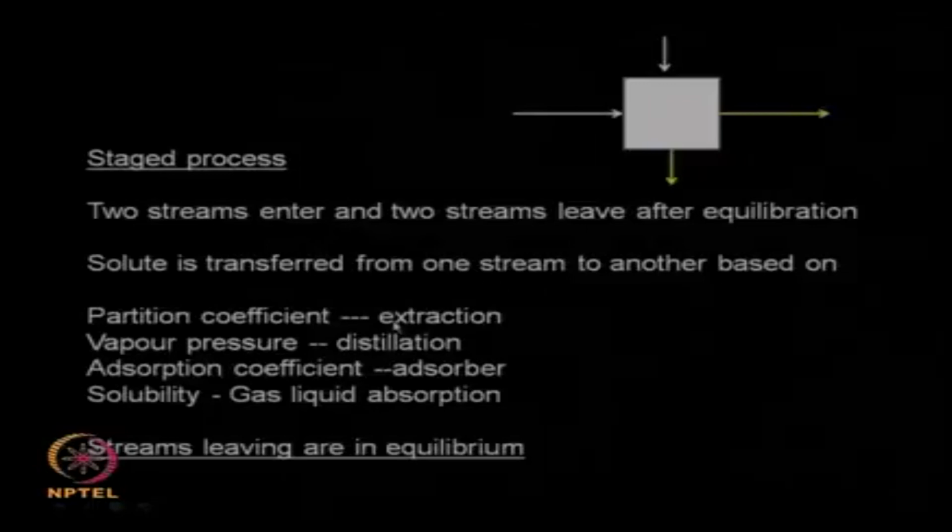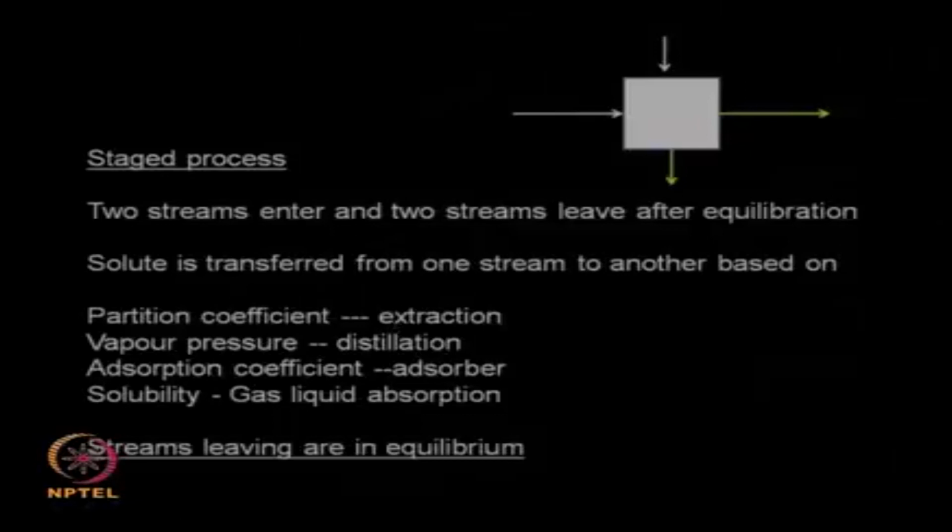So you have the two streams connected by a constant called K, and similarly in extraction you may have two streams connected by a partition coefficient. So the constants will appear to be almost similar when you move from an extraction to an adsorption, or to a gas liquid absorption, or to a distillation.